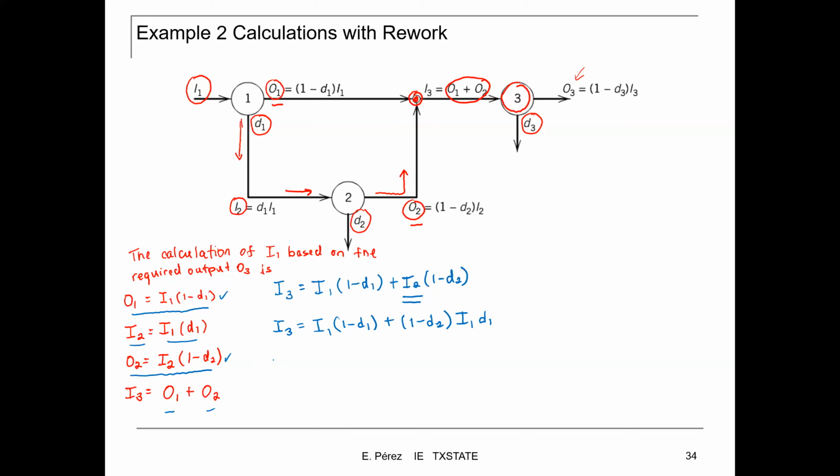And if I do some math here, I can find that I1 is a common parameter for both expressions, so I can take it out, and then I can do this plus D1 times 1 minus D2.